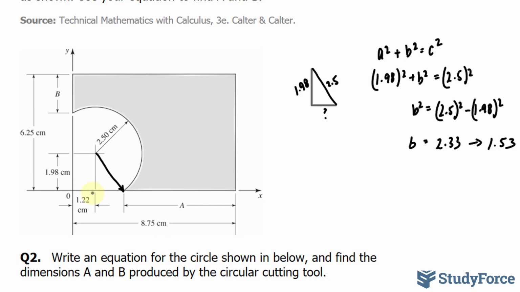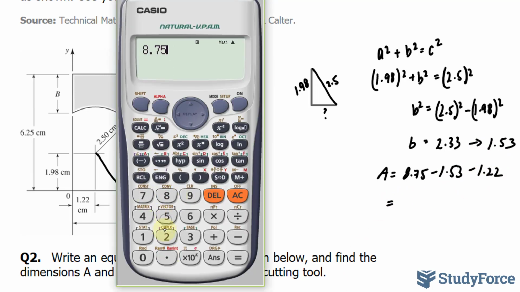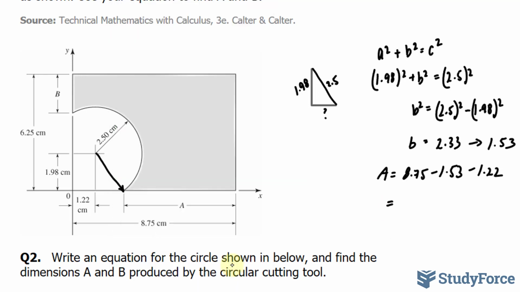We know the length from here to here. To find A, we will subtract 8.75 from 1.53, the number we just found, minus 1.22. Our calculator gives us the answer 6. This tells us that from here to here, the length is 6.00 centimeters.